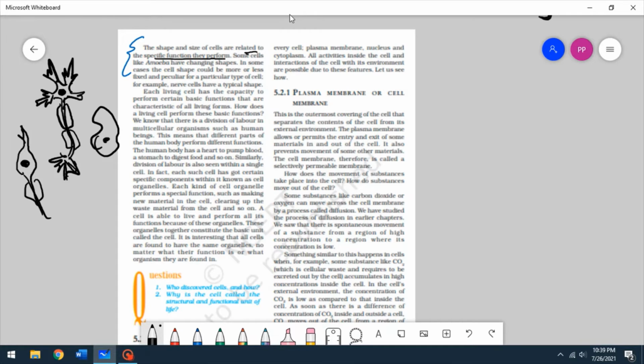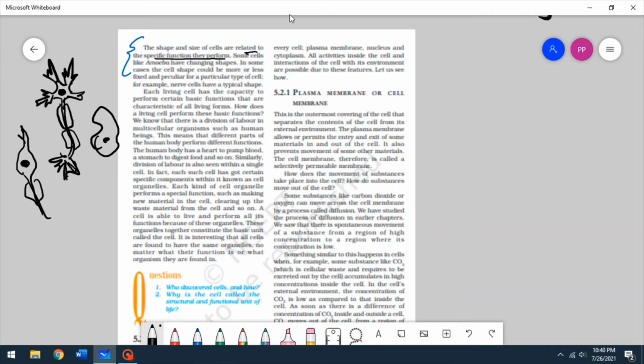So there are bone cells that form bones, which gives us the structure to the body. There are neurons that form nerves that transmit messages. There are other cells in the stomach that are useful for digestion. There are a few in the lungs for respiration. So that's all division of labor.